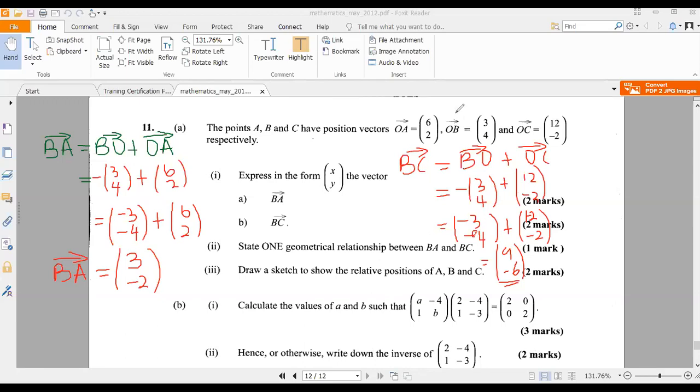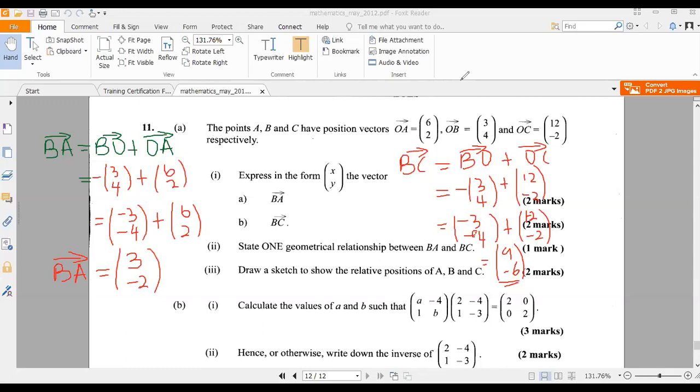All right. So the next one they ask, state one geometrical relationship between BA and BC. I want you to look carefully at the figures you have. You have 3, -2, and you have 9, -6. Now, what comes to your mind? Look at the figures, and tell me if you observe something.